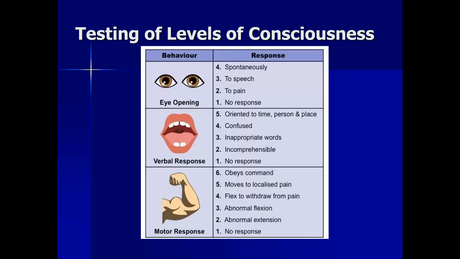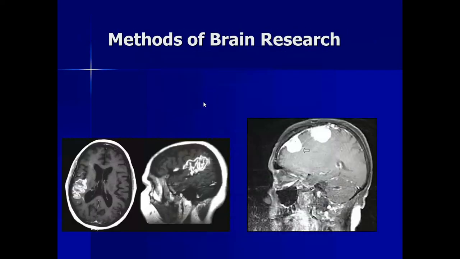You can see a verbal response, no response. You can see a motor response, reflex. These are the three. Really here we're talking only about the pupillary reflex. This is called the Glasgow Coma Scale, from Glasgow, Scotland. It determines what level of coma a person is in, or whether they are brain dead. So that is the pupil response.